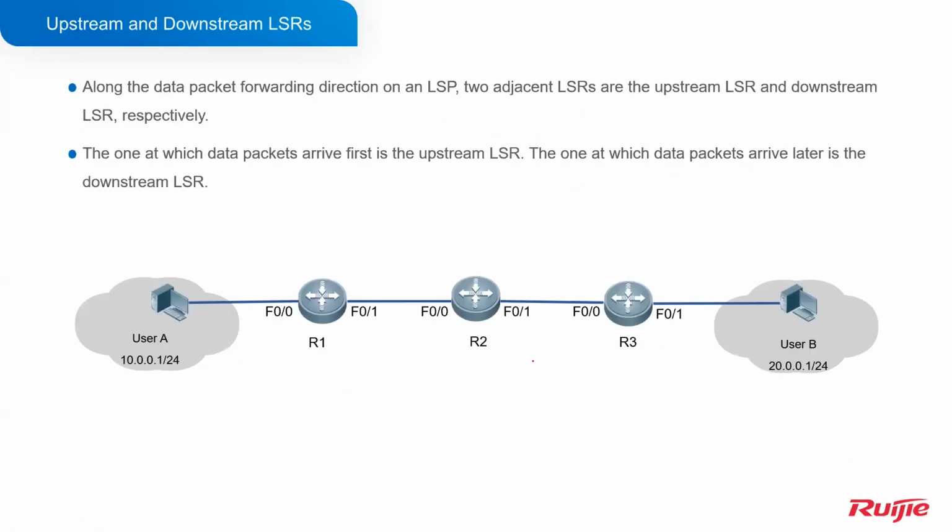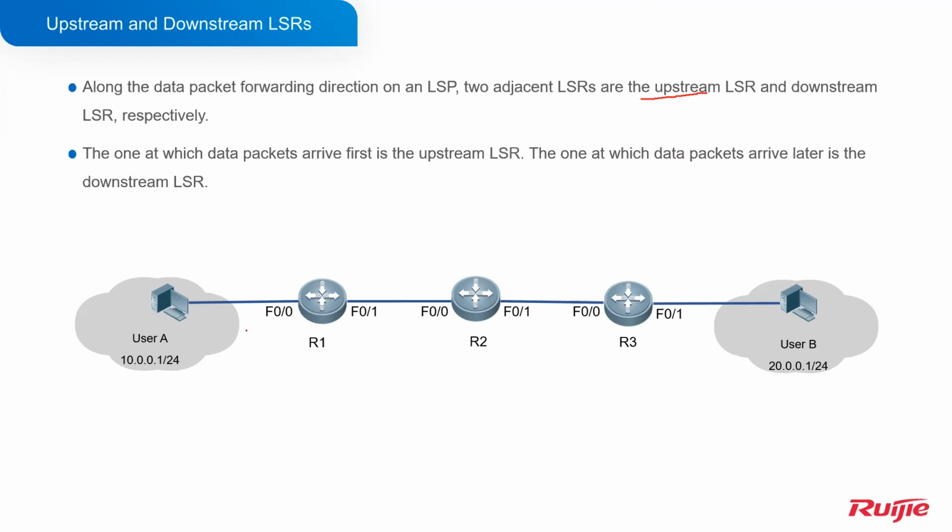And then let's see the process, how to get the label. In this process, along the data forwarding direction on the LSP, we call the adjacent LSRs the upstream LSR and the downstream LSR.